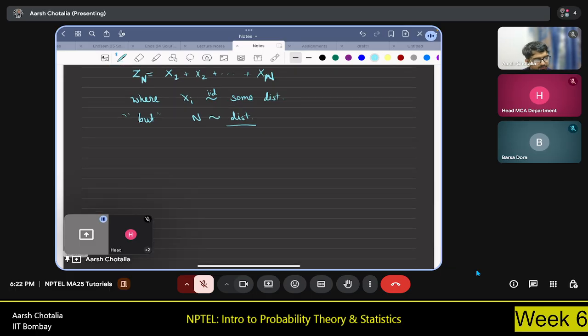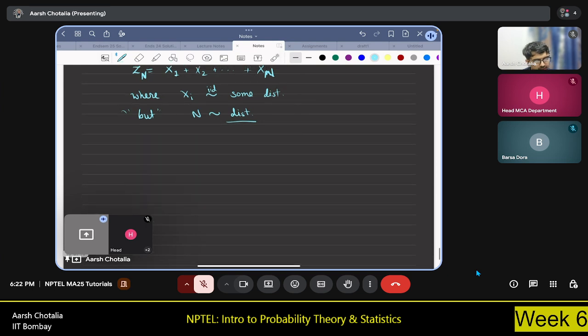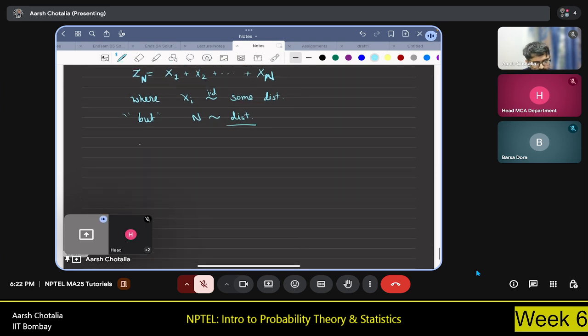So this is called a random sum, and the general formula would be that your F of z, this should be a small z, is the probability that Z is less than or equal to z, which is the sum over all possible values of the probability that Z is less than or equal to small z, given that the total number is some n, times the probability that N is equal to n.